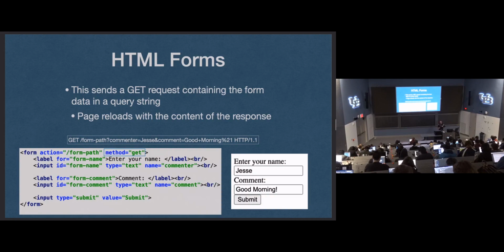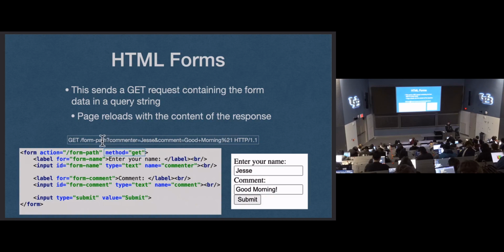So all of the information doesn't really have any place to go except the query string. So this will be percent encoded. If I input these values and click submit, it'll be percent encoded and set as key value pairs fired off as part of the path, as a query string, and then fired off to the server.